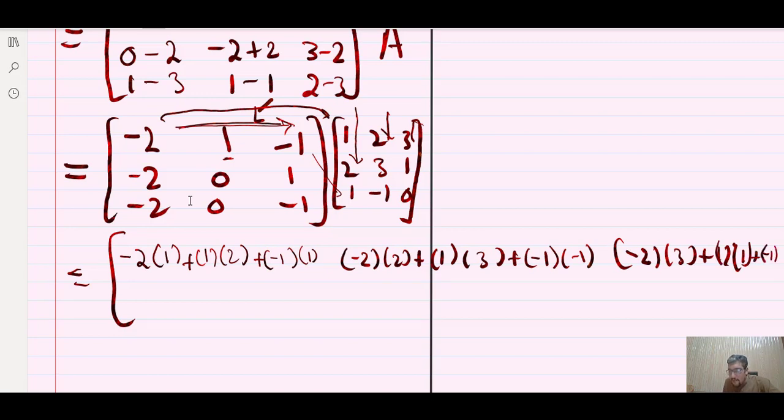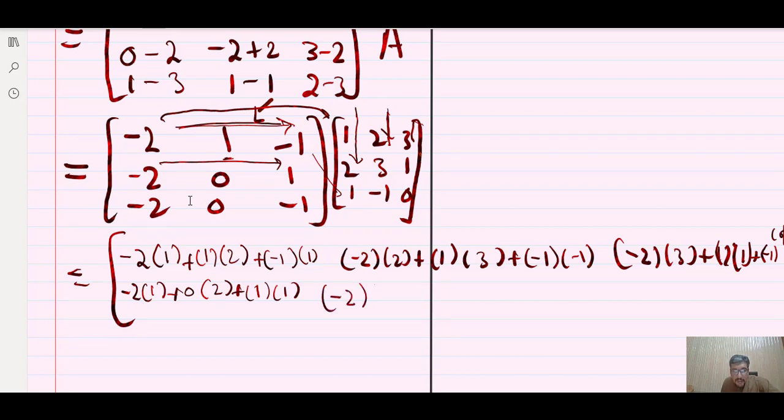In the same way you multiply this second row with these columns. So minus 2 is going to multiply with this one, 0 is going to multiply with this 2, and this one is going to multiply with this one. Now this second row is going to multiply with the second column.